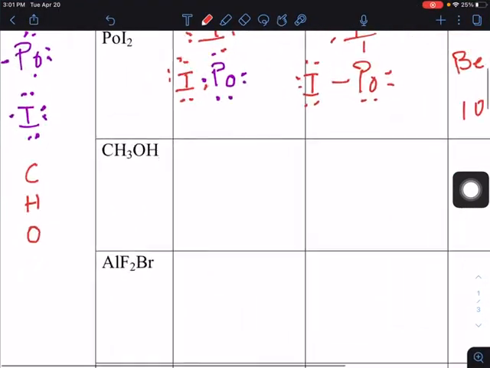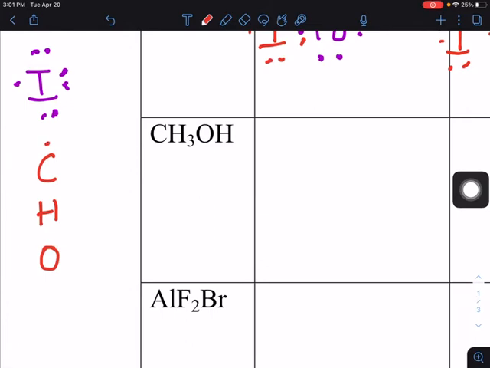So carbon, 1, 2, 3, 4. Hydrogen 1. Oxygen 6, 2, 3, 4, 5, 6. So carbon has 4 singles, hydrogen 1, oxygen 2.